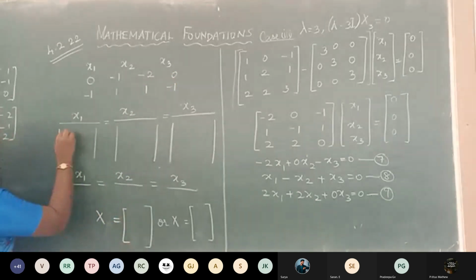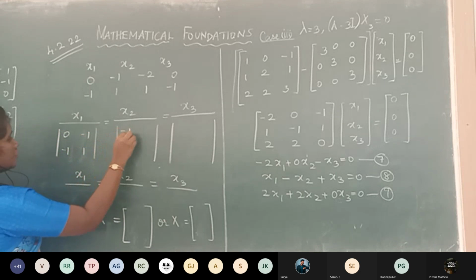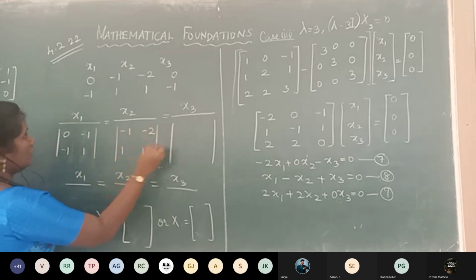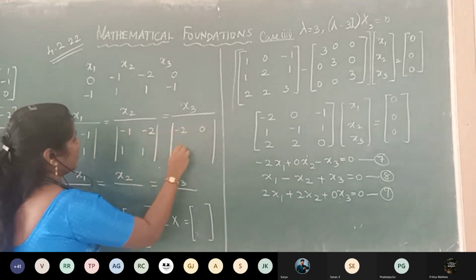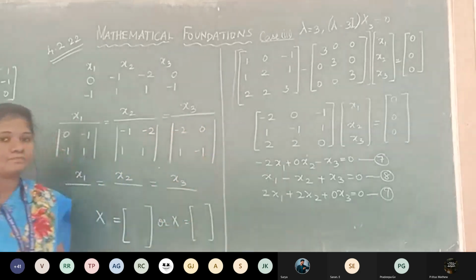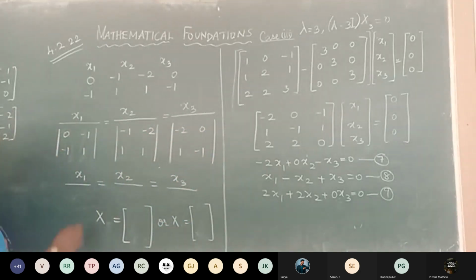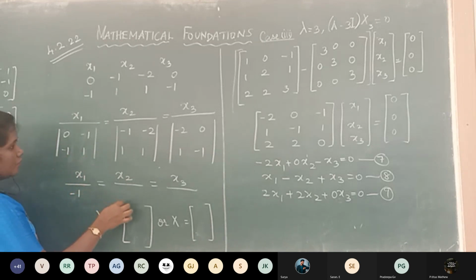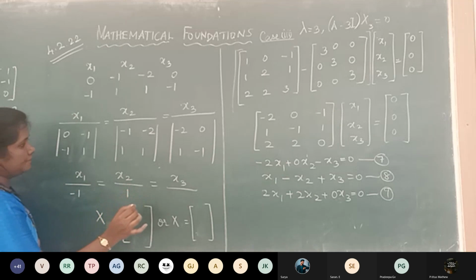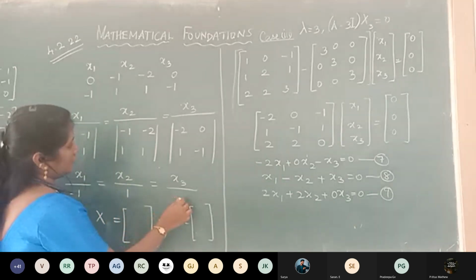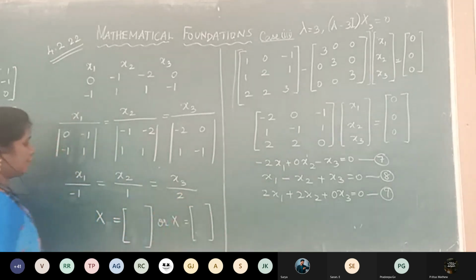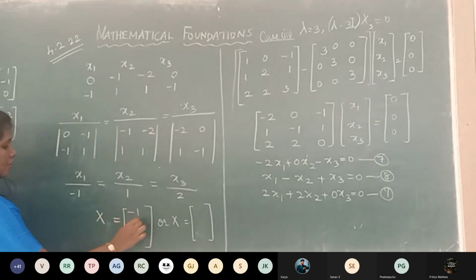And then find out your values: 0, minus 1, minus 1, minus 1, minus 2, 1, 1, minus 2, 0, 1, minus 1. Find out the value. That is minus 1, plus 1, plus 2, 1. Then your value is minus 1, 1, and 2. You're getting this?